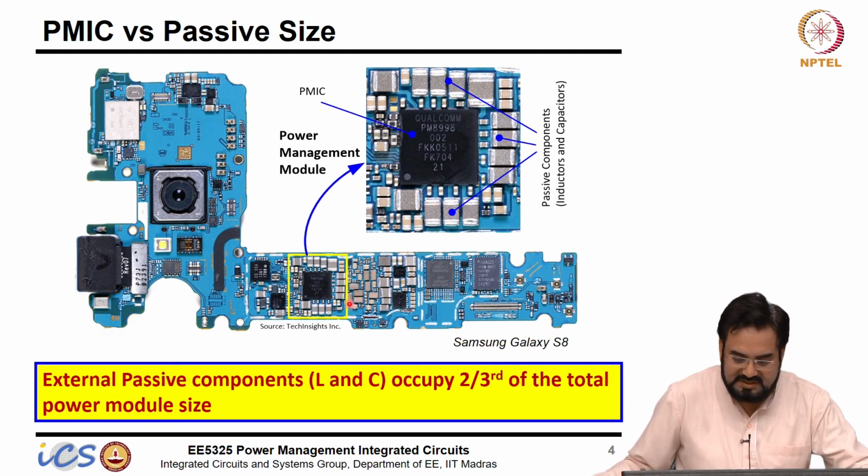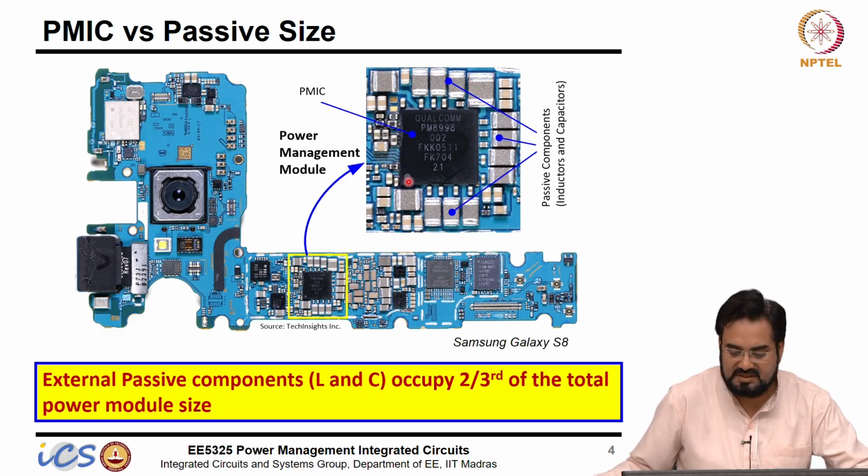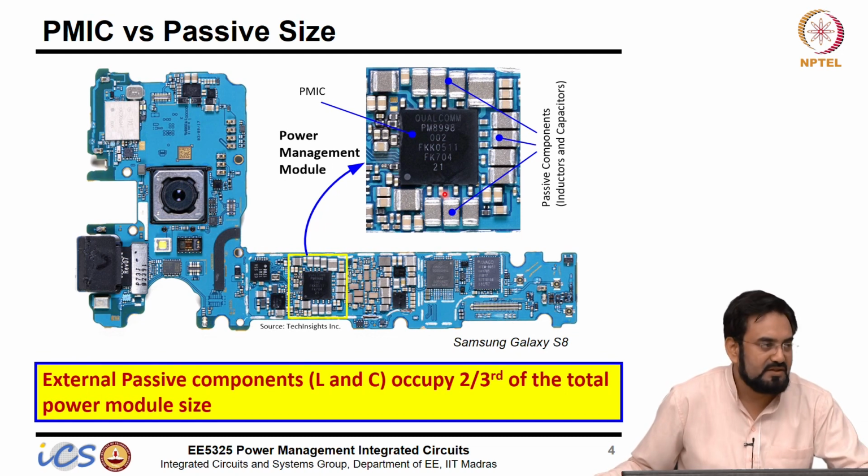Now if you see, this PMIC is surrounded by these passive components, and these are nothing but your inductors and capacitors. The bigger ones you see are mostly inductors, and smaller ones are capacitors. So almost 2/3 of the total area is taken by your passive components.